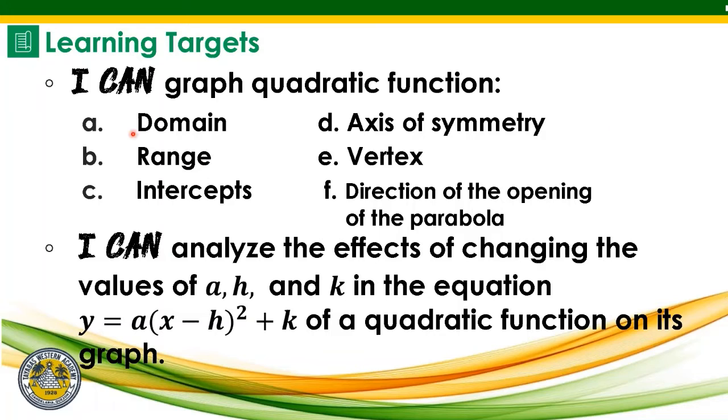So yung sinasabi ditong domain at range, yung domain is the value of x at yung range ay values na y. Next is, I can analyze the effects of changing the values of a, h, and k in the equation y is equal to a times the quantity x minus h squared plus k of a quadratic function on its graph.